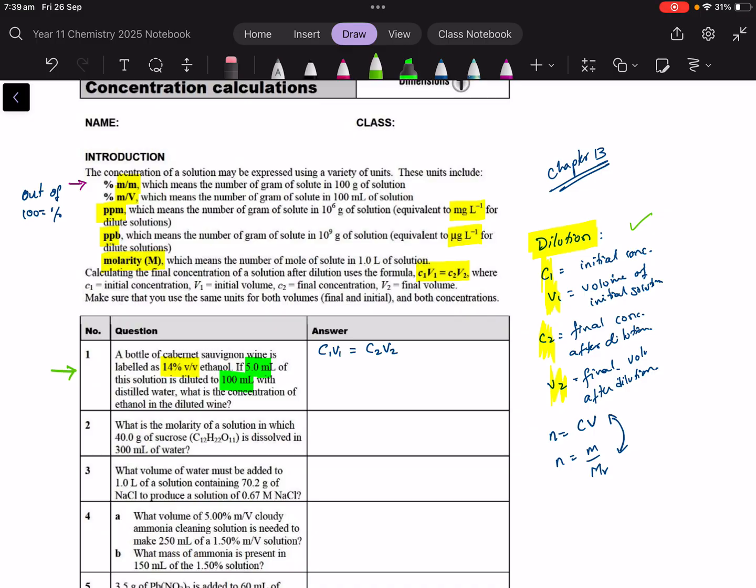So what you're going to see here, note here, is that the unit of concentration, I can leave it to whatever has been given to me, and the volume I can also leave it in the unit that has been given to me. Just taking note that usually concentration like molarity is per liter.